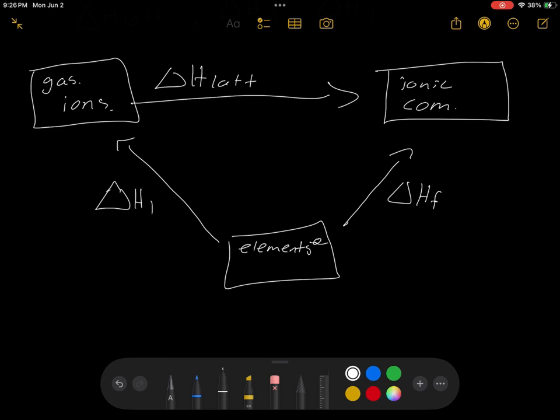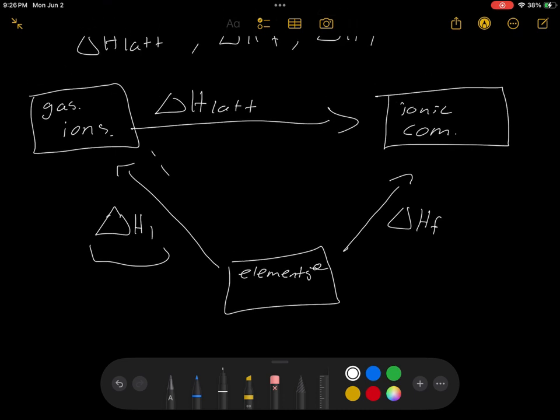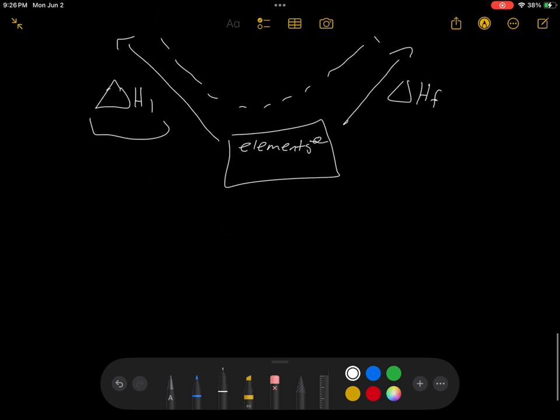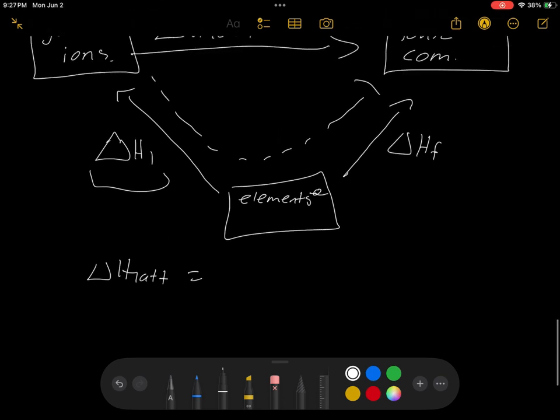So let's understand first how these things relate to each other. As we know, if we're trying to find the value of delta H lat, right? Well, look at our indirect route. It follows like this. So delta H lat would simply be, we're going against delta H1, so negative delta H1, and we're going with formation, so plus delta H formation.